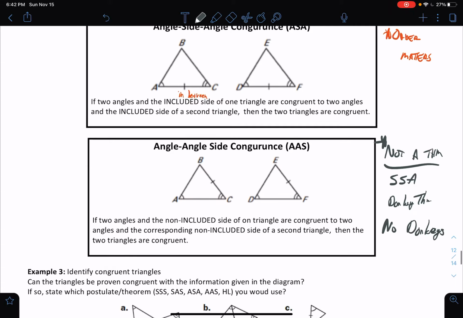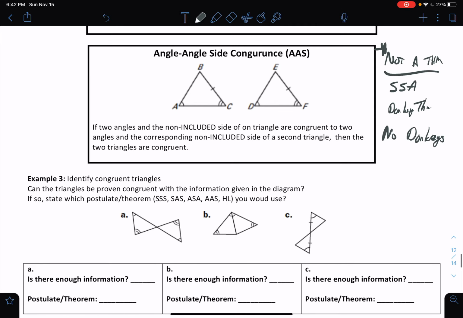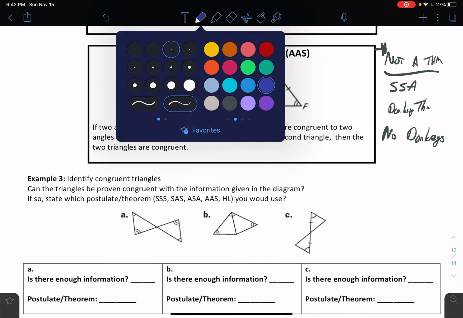So in example 3, can we show that the triangles are congruent with any of the theorems that we've talked about: side angle side, angle side angle, angle angle side, and HL, hypotenuse leg? Order is important. Okay, so let's see. In A, I'm going to zoom in here.